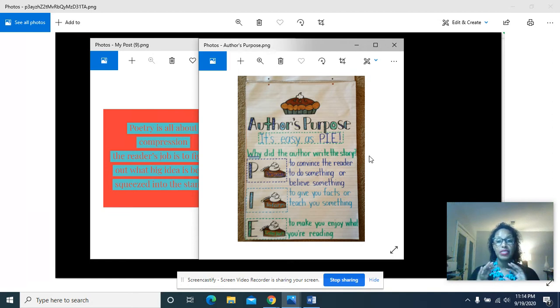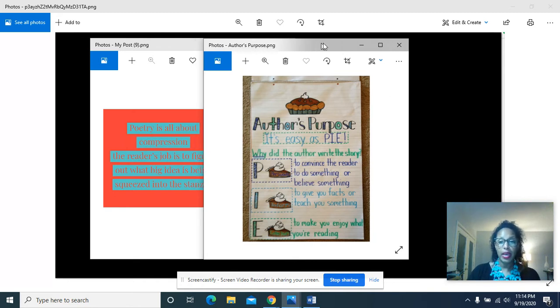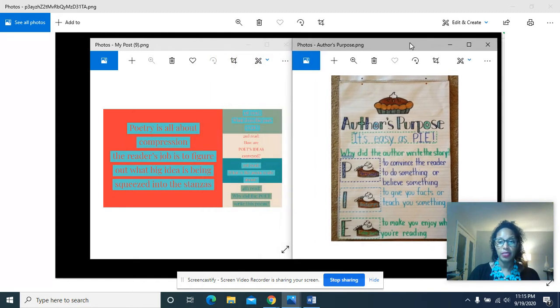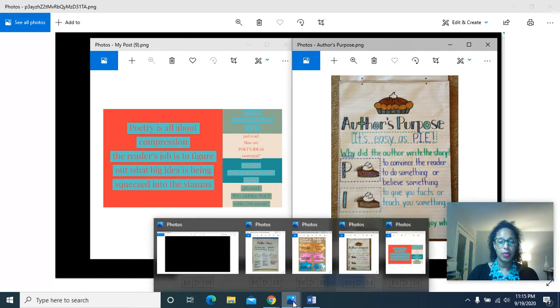And those are all still very valid because when you persuade, that is when the writer's trying to convince you of something or trying to get you to do something or believe in something. But the question that you want to ask when you think of that is, let me pull this one up.